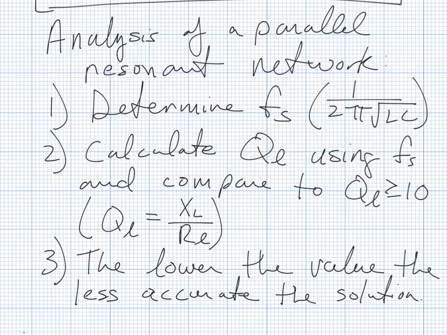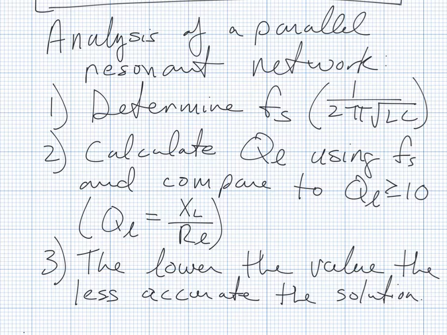All right, moving on. What I have here is the procedure or the process to look at parallel resonant networks. Okay, so first, analysis of a parallel resonant network. I've gotten 3 steps listed here. First, you're going to determine the resonant frequency using the resonant frequency for a series circuit.